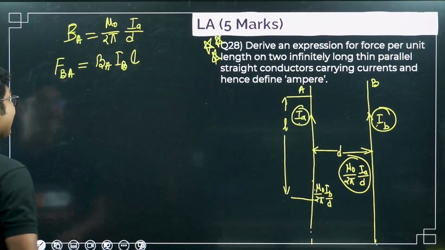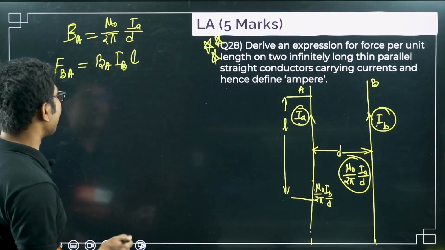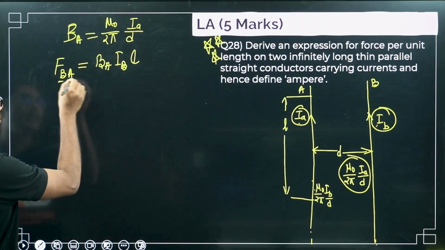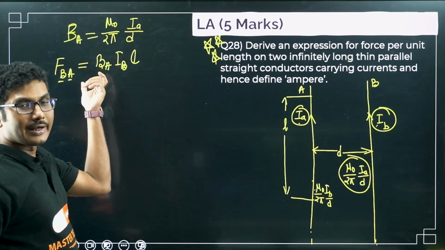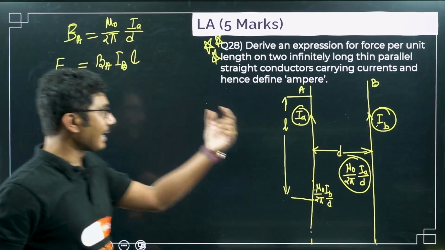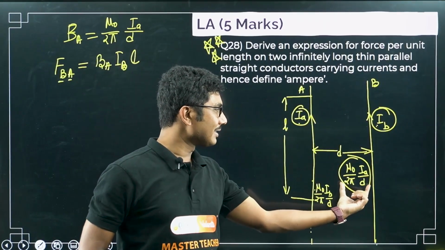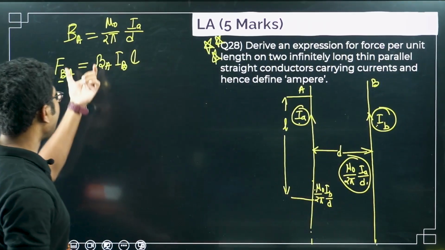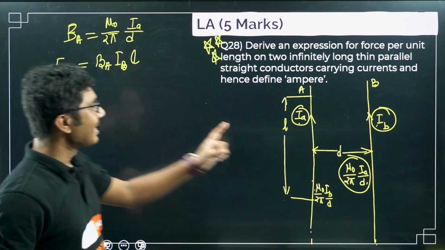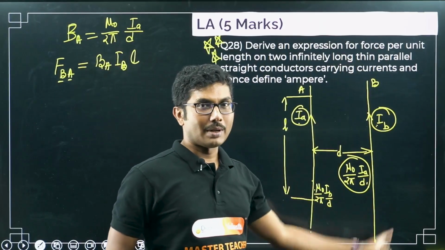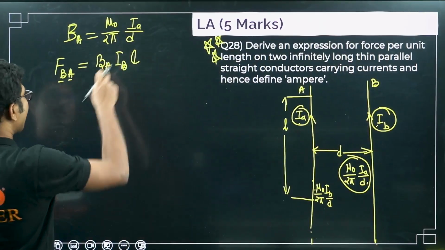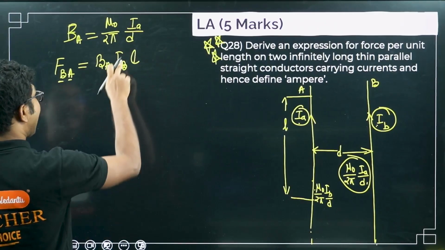Now why have I written it like that? When we are calculating the force on B due to A, first is the magnetic field B. What is the magnetic field at this location? It is BA. And what is the current passing through conductor B? That will be IB. And what is the length?